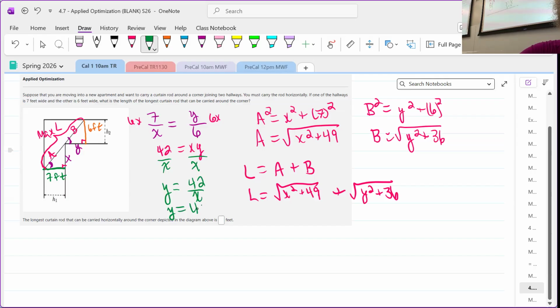Which can be written as 42x to the negative 1. So I have 42x to the negative 1 squared plus the 36, all still under the square root. Now 42 squared ain't pretty, but that's what we get.